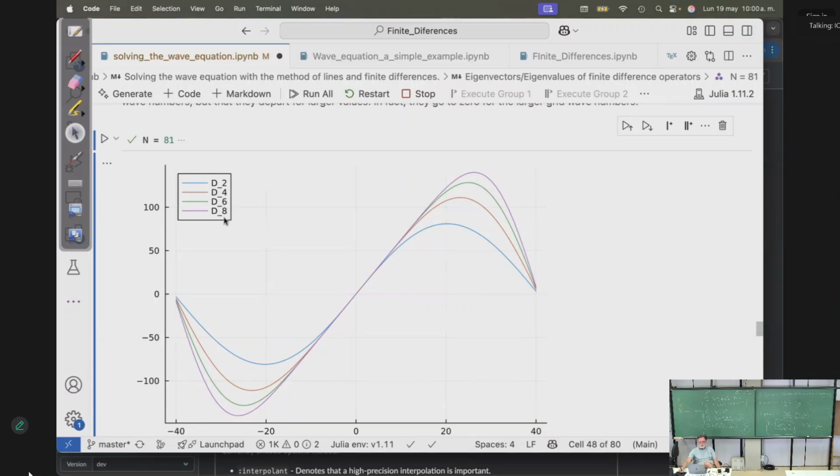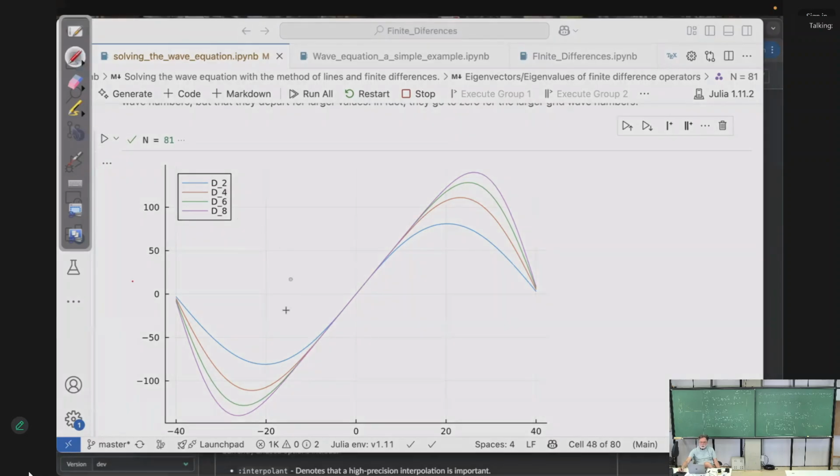This operator, the 8th, has an error that goes like delta x to the 8th, so it will be exact up to polynomials of order 9. And you see that in the middle they behave very nicely, like the continuum spectrum.